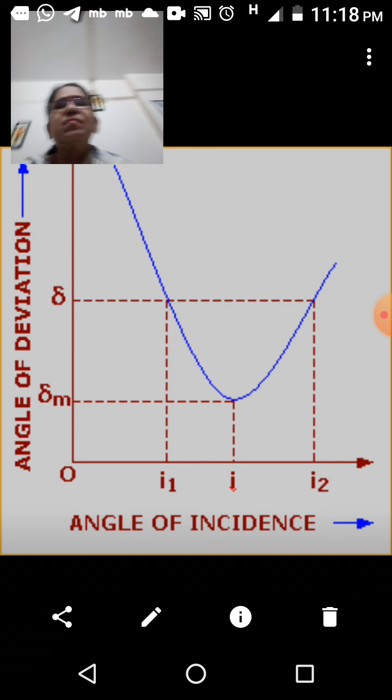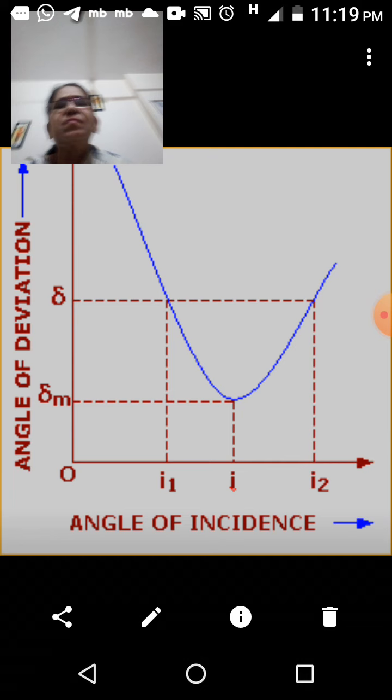So it is clear from the graph that for a very small value of angle of incidence, the angle of deviation is large. As we gradually increase the angle of incidence, the value of the angle of deviation begins to drop down. Now the angle of deviation drops down to a minimum value for a particular angle of incidence, which is shown as I in the figure.